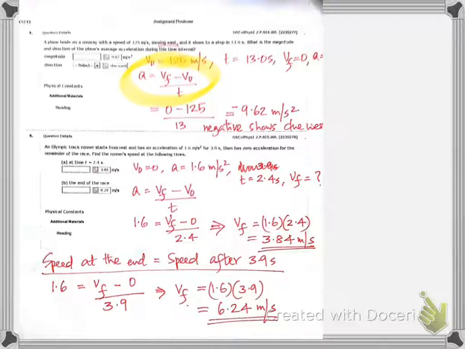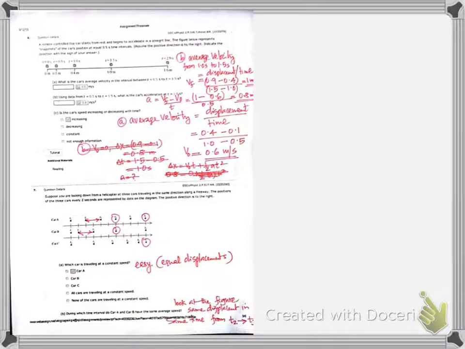Okay, and in number 5, a similar kind of question where you use the same formula, and there are 2 parts. You're also asked to find the speed at the end, which is the speed after 3.9 seconds. So that is 4 and 5.